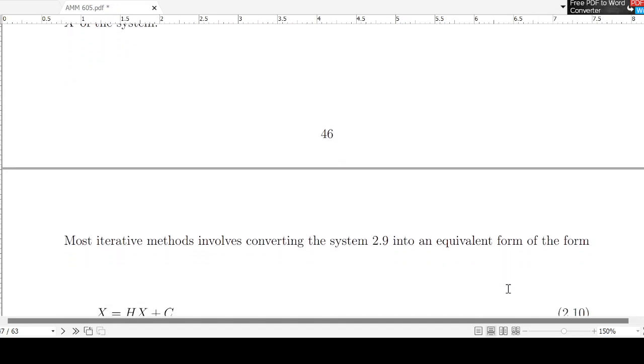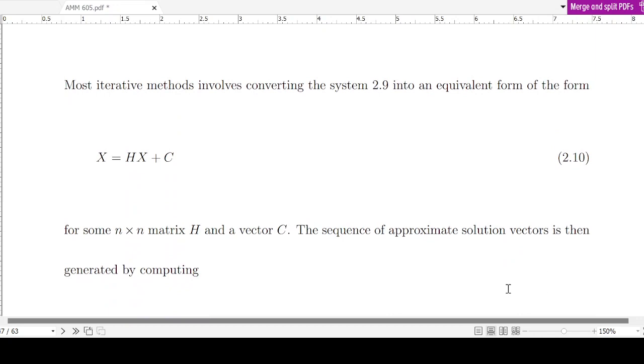So most iterative methods will involve converting our system into an equivalent system that takes the form x = Hx + c, where H is an n by n matrix and c is a vector.